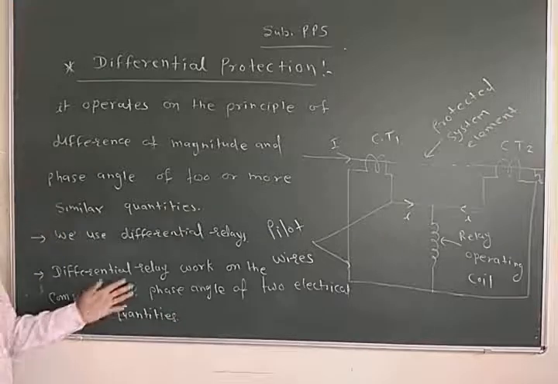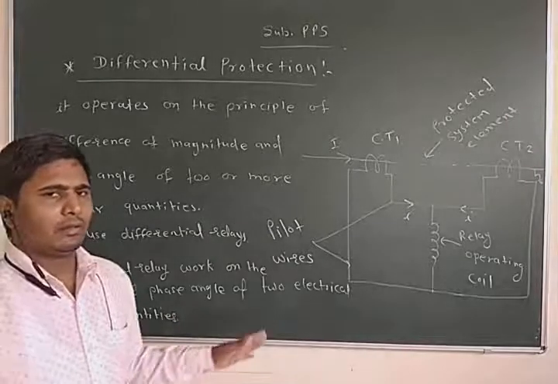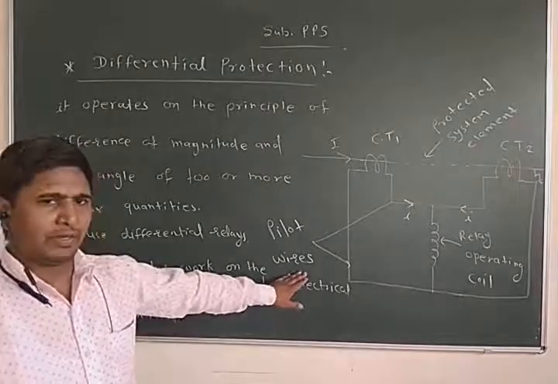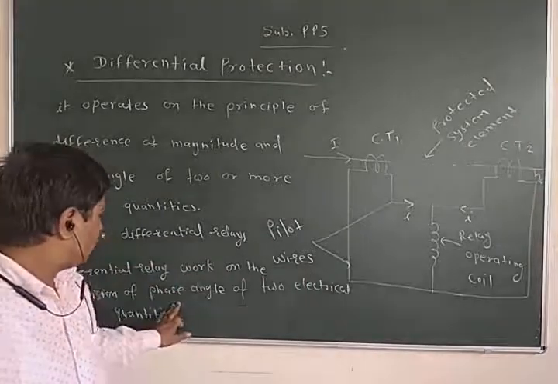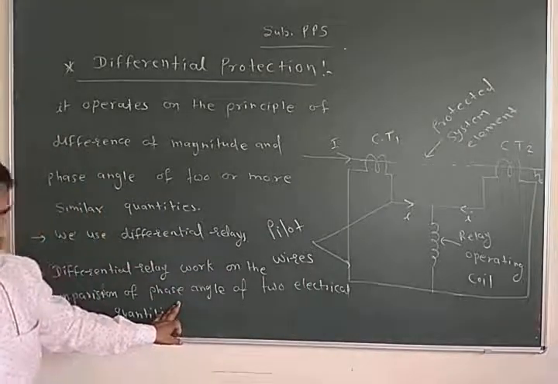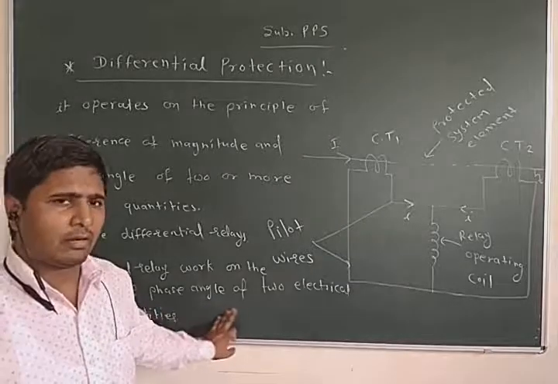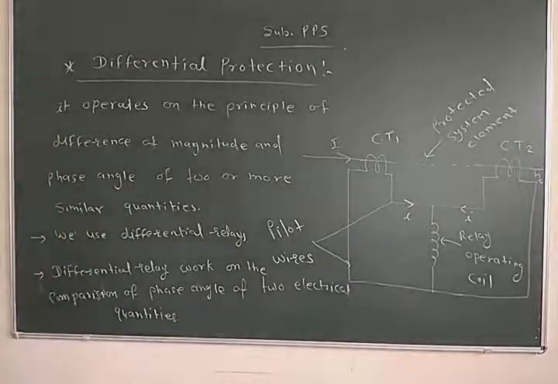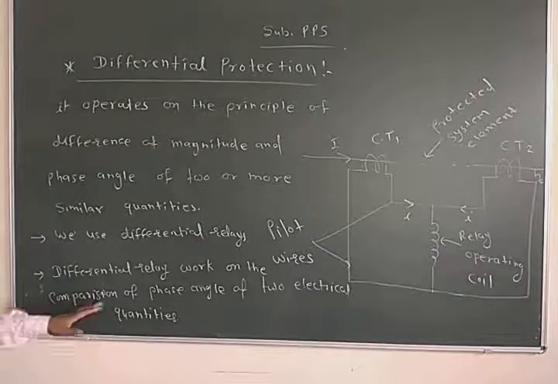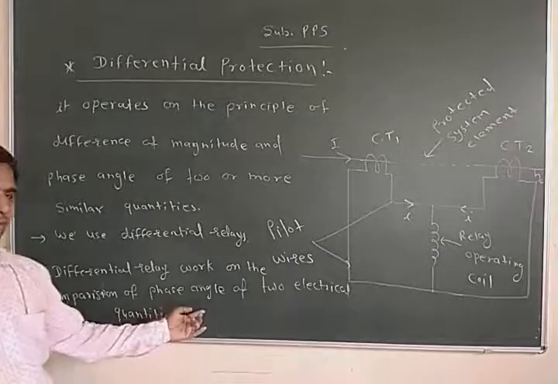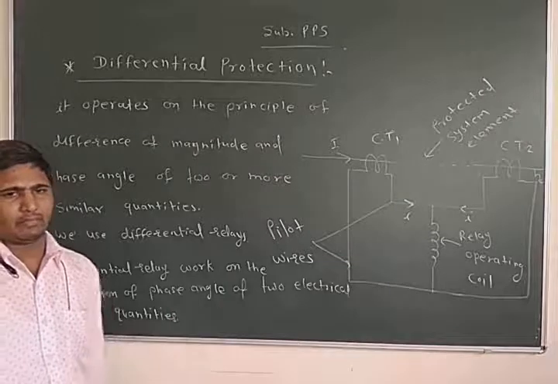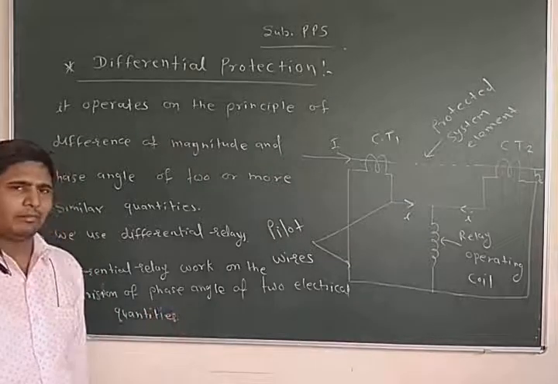Means the differential relay works based on comparison of two electrical quantities and their difference is either maybe in phase angle or in magnitude. So we can say that differential relay works on the principle of comparison of two electrical quantities, phase angle and magnitude.